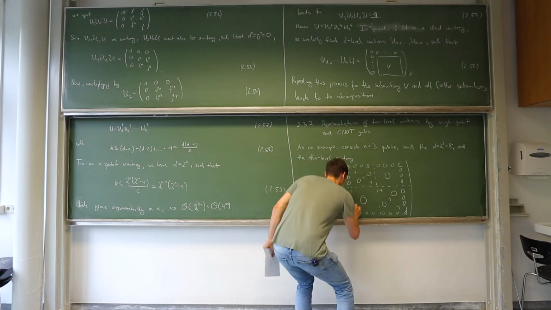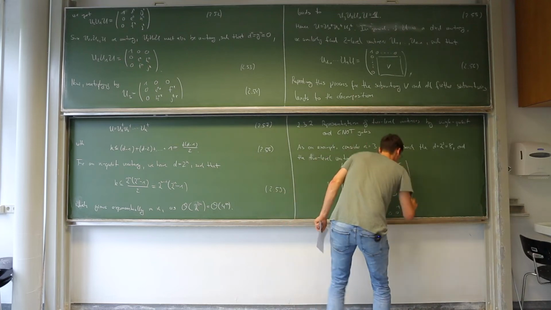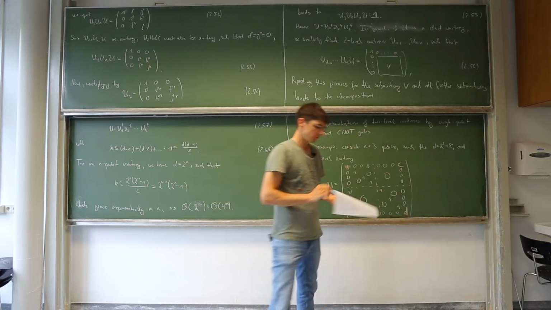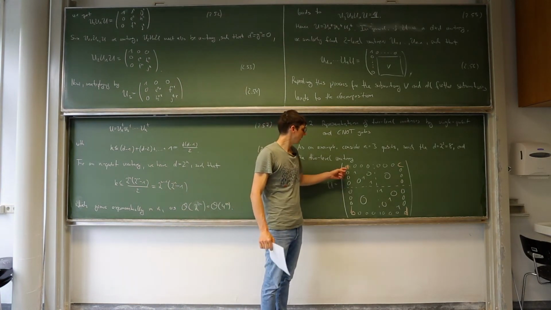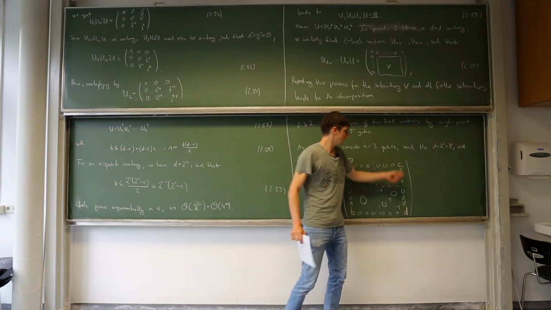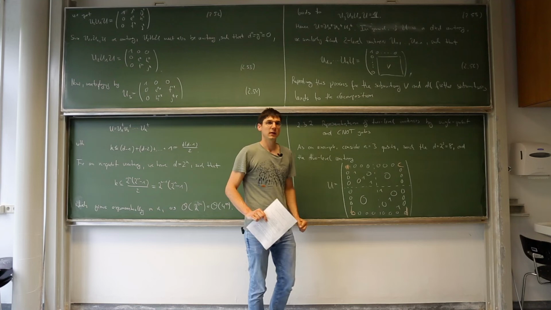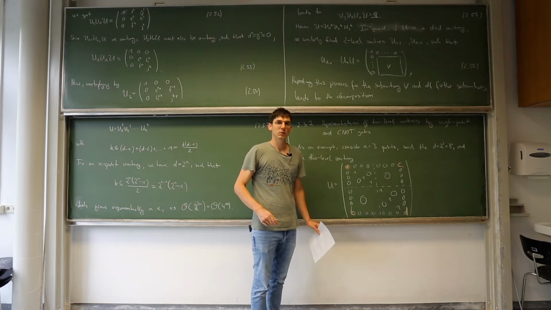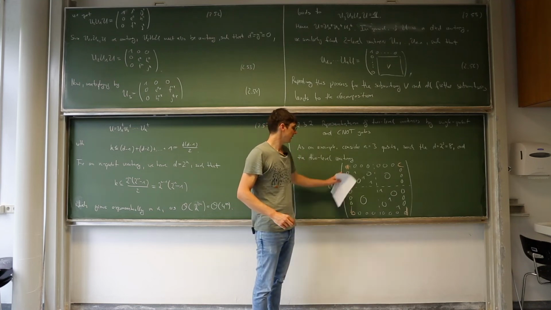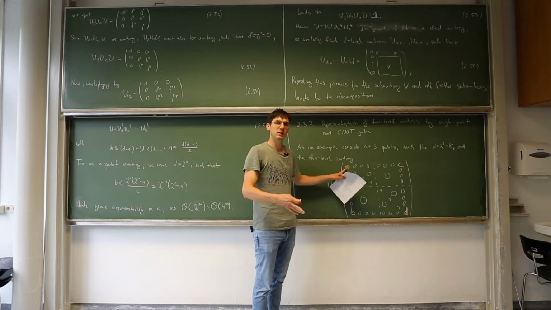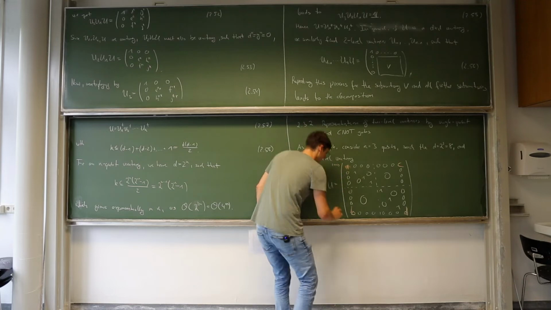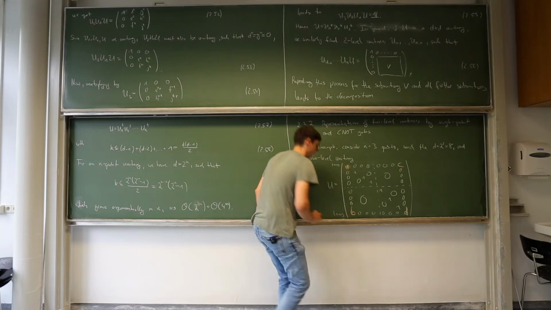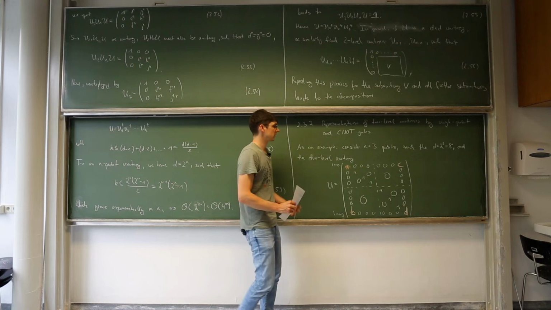So we have A, B, C, and D. This two-level unitary only acts non-trivially in this subspace spanned by the first and by the last state, right? And in our usual convention of the matrix representation, these states correspond to 0, 0, 0 and 1, 1, 1. Okay, this is just an example.